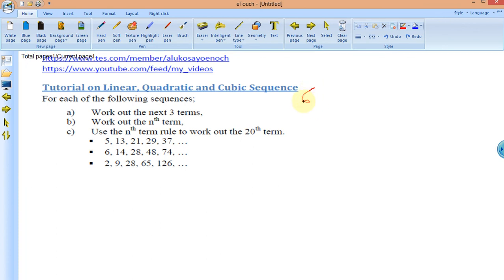I have 6, 14, 28, 48, 74. Then I label 1, 2, 3, 4, 5. Okay, let me just put it in a table.